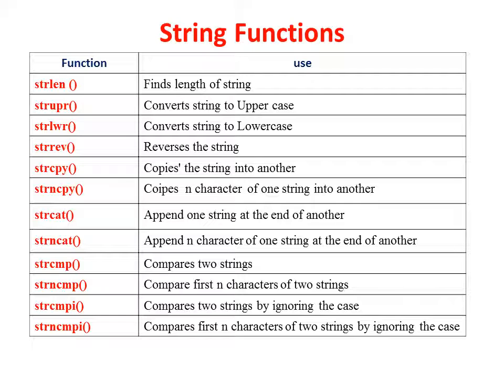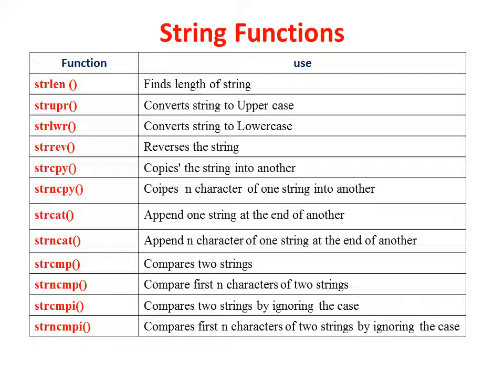Now let's see. There are some inbuilt string functions available to carry out different kinds of operations. Here I tried to summarize the different kinds of string functions supported in the C programming language. For each function it is described what action will be carried out. The first one is strlen.